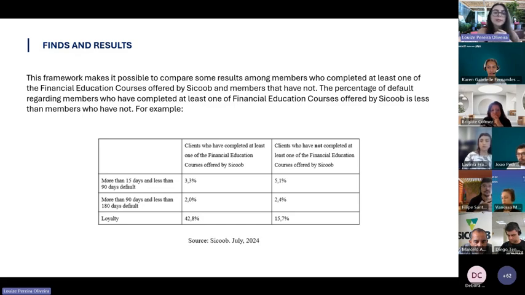And the same thing for clients in default more than 19 days. So we can conclude that clients who have access to financial education pay their bills on time, and this is important for us. We can see this in these numbers, and we can also see that clients who have completed at least one of the financial education courses offered by Sicoob are more loyal than clients who have not.